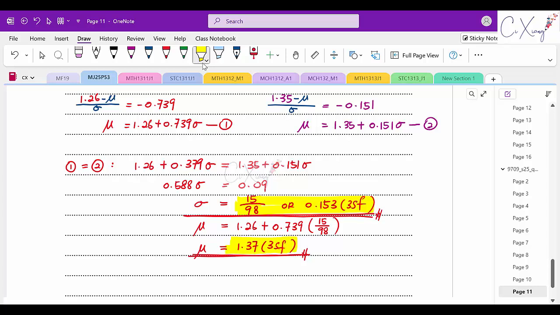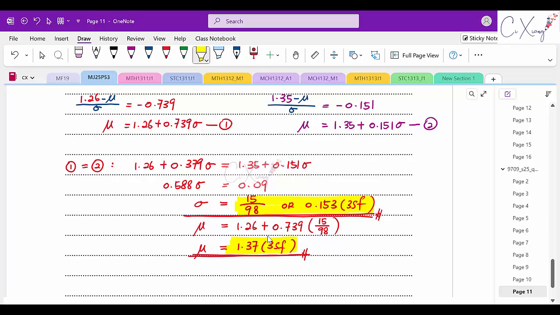Okay, so just a small reminder. Every time you want to use one of the answers and substitute it into the equation to get the final answer for the other variable, always remember that this particular answer must be the original value. Please don't use 0.153 and substitute it here. Your final answer might be a bit different.